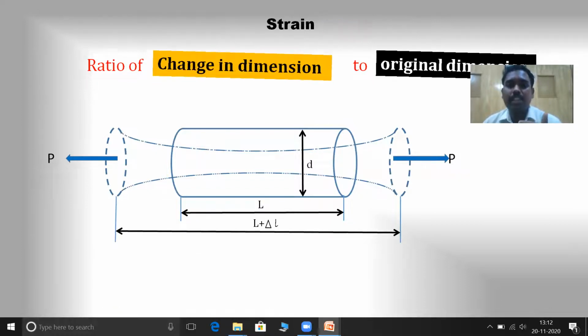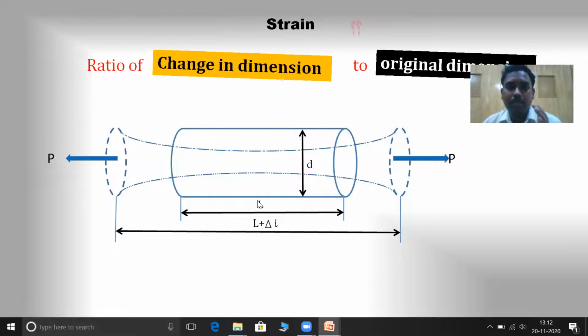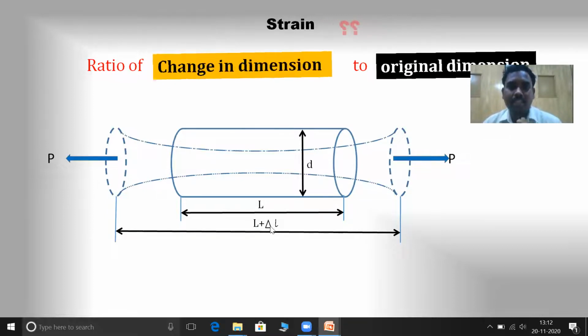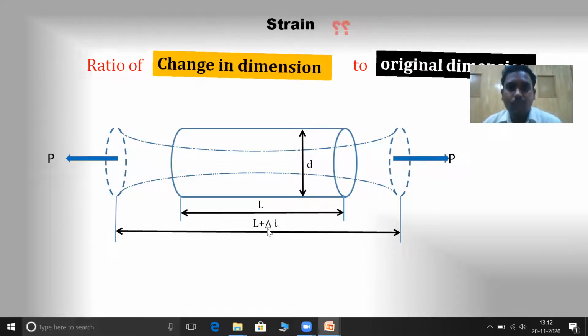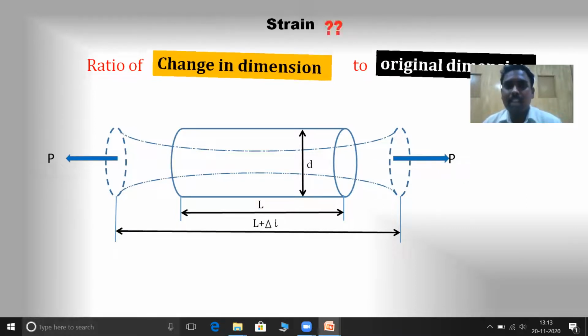The length of the final shape is L plus delta L. Capital L is nothing but the original length, plus delta, which is nothing but change. Change in what? I have given delta L, that is change in length. If I write delta D, it is change in diameter. Simple, students.